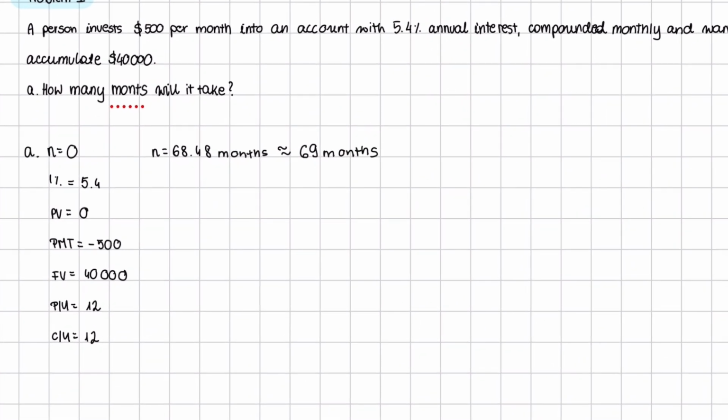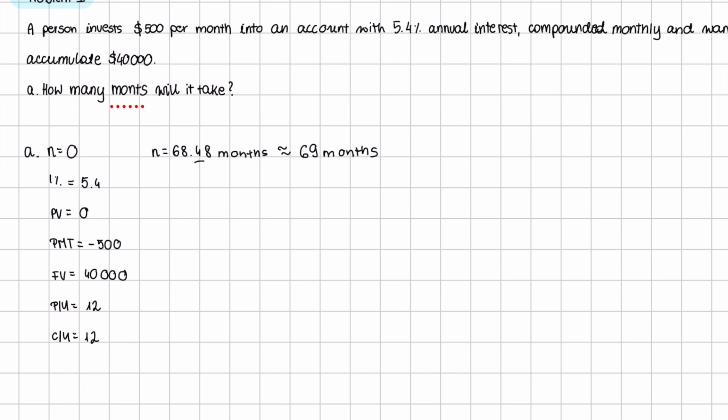And it doesn't matter if here there is a smaller number than 5, because our person will have exactly $40,000 in 68.48 months, and if we round it down, in 68 months, our person wouldn't have this amount of money that she would like to have.